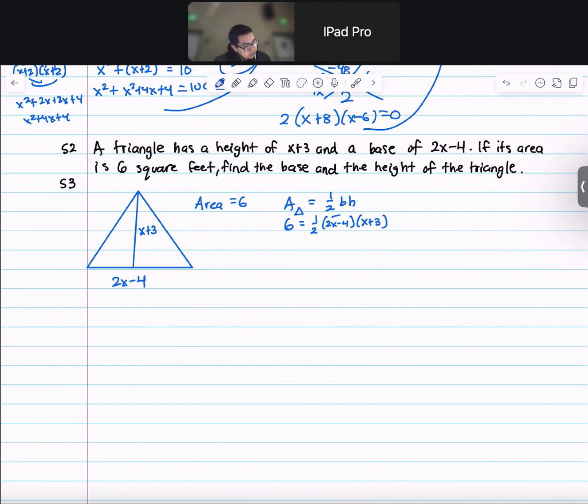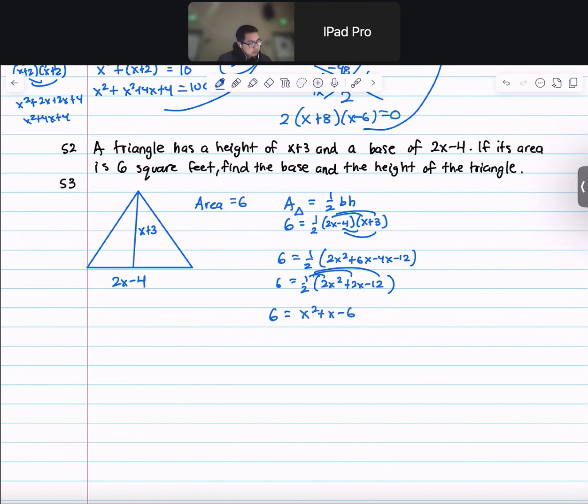So if we do a double distribution, we get 2x squared plus 6x minus 4x minus 12. If we simplify that, we get 2x squared plus 2x minus 12. Now we can distribute this 1/2 to each of them.